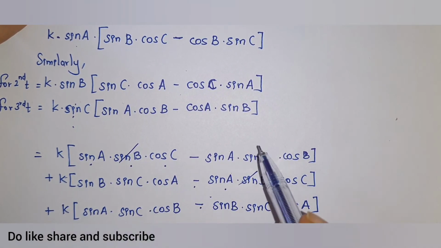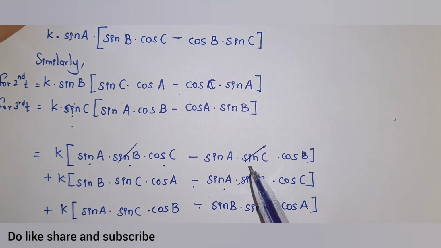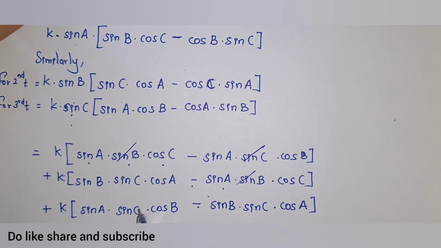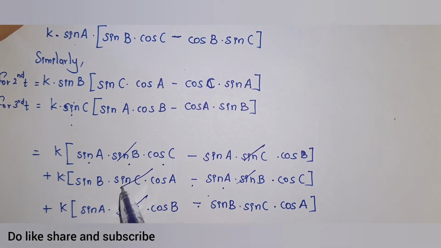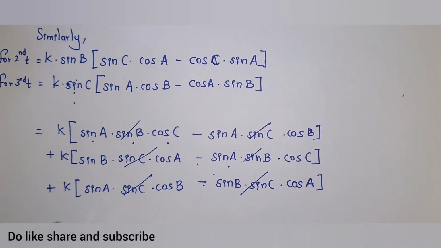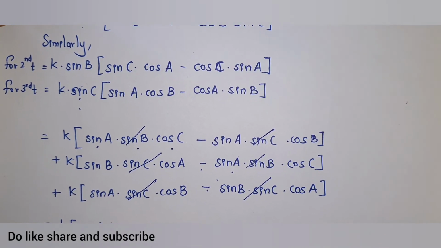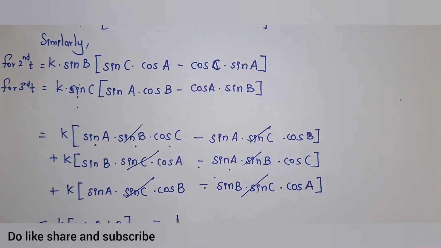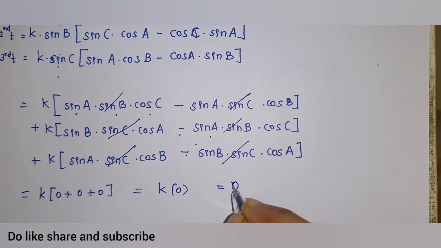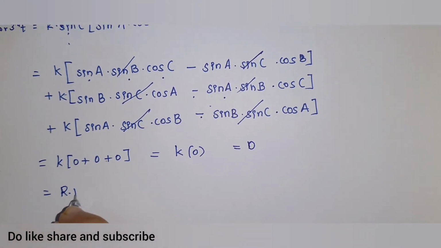Now this term and this term will get cancelled out. This sine A into sine C into cos of B, and this similar term will get cancelled out. This term is also similar to this with a negative sign, so each term will get cancelled out, and we will be having k into 0 plus 0 plus 0, that is equal to k times 0, that will be equal to 0, and thus we have RHS.